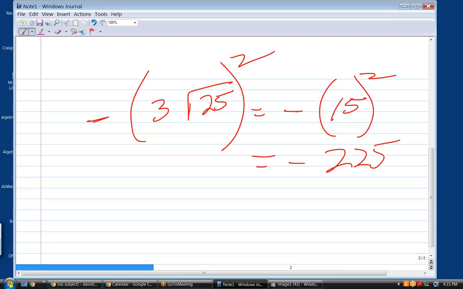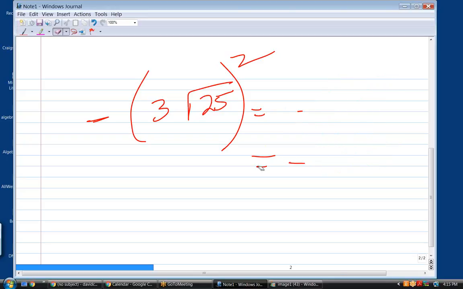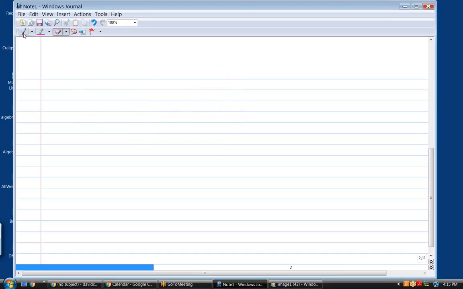And again, whenever you see squares, it's only what's inside the parentheses that's being squared. If I write this, the 3 is not squared because there's no parentheses. In this case here, the 2 only applies to what's immediately below it, which is an x.